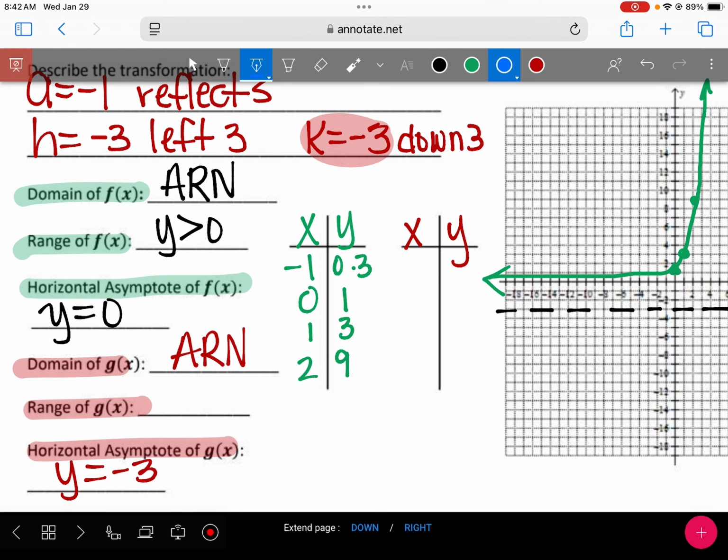And now you're going to pick up your calculator. To all of your X values, you're adding -3. And then to all of your Y values, you're multiplying by -1 and subtracting 3. So go ahead and do that. Get your new table.